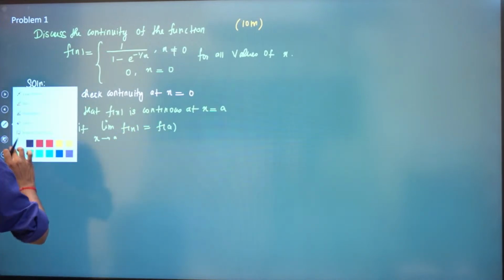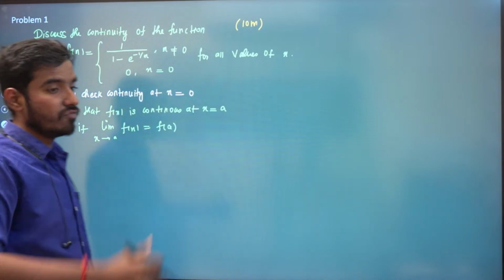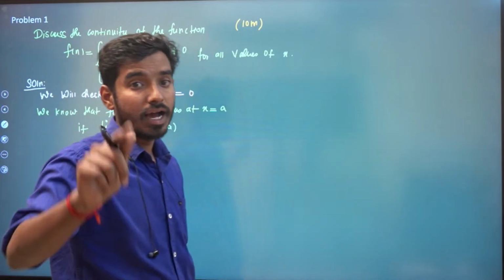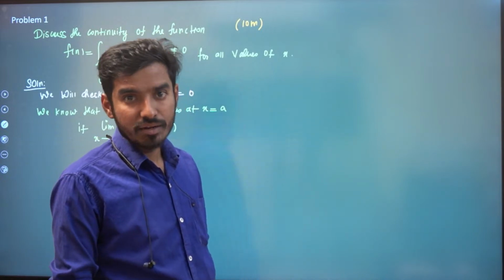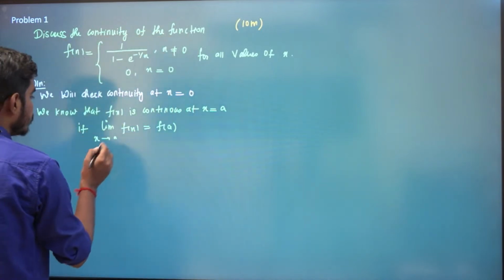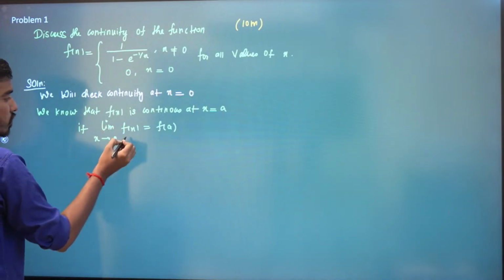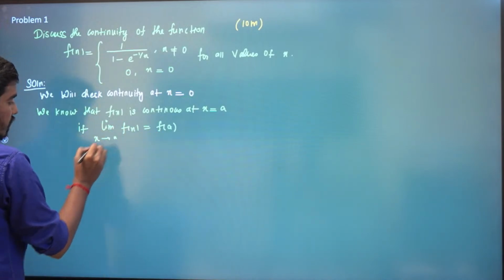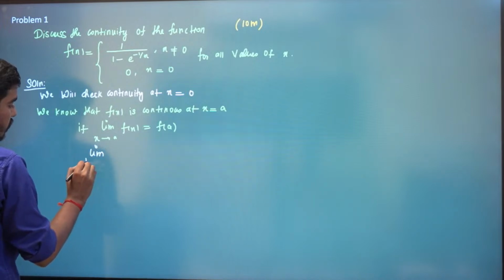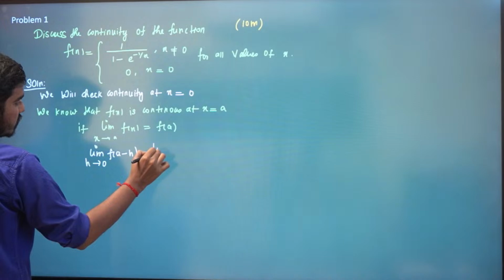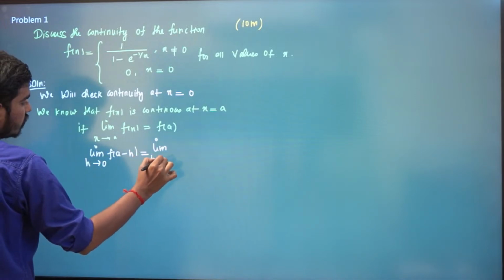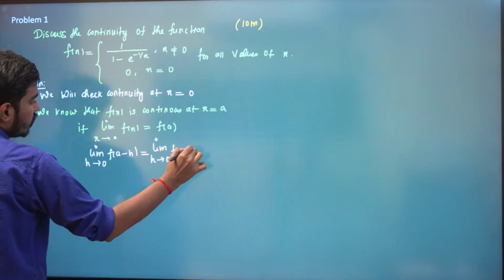Now to find limiting value, we say limit exists if LHL and RHL at x is equal to a both exist and both are equal and finite, right? So this limit will exist if LHL is equal to RHL. So what is LHL? Limit h tending to 0 f of a minus h is equal to RHL limit h tending to 0 f of a plus h.